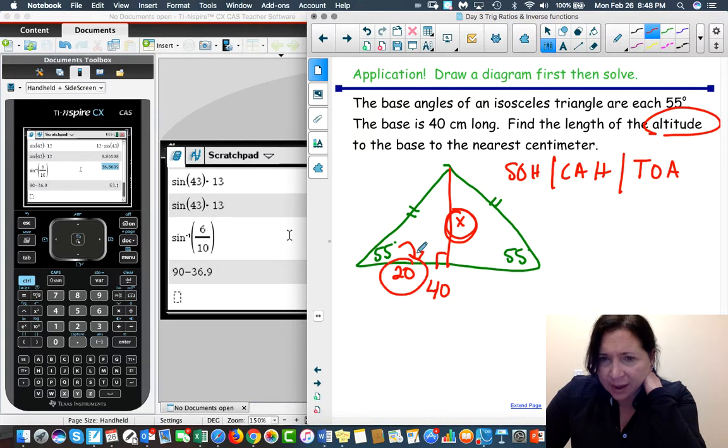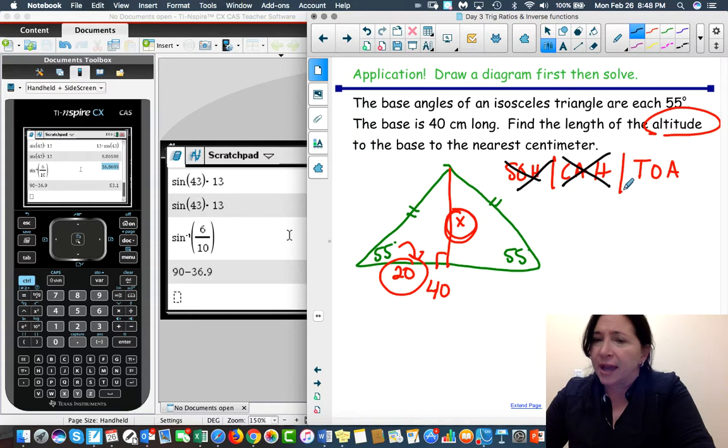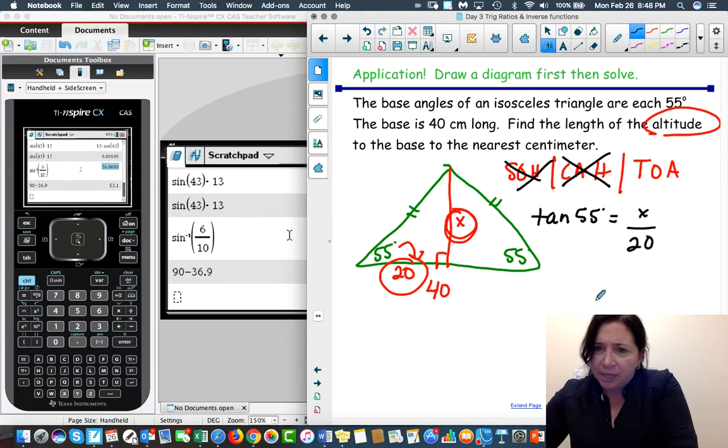I don't have the hypotenuse, so the functions that use the hypotenuse are not going to be used. So we're going to use tangent. Remember, the angle comes right after the word. Tangent of 55 degrees is equal to opposite over adjacent, which is 20. So X is equal to 20 times tangent of 55.